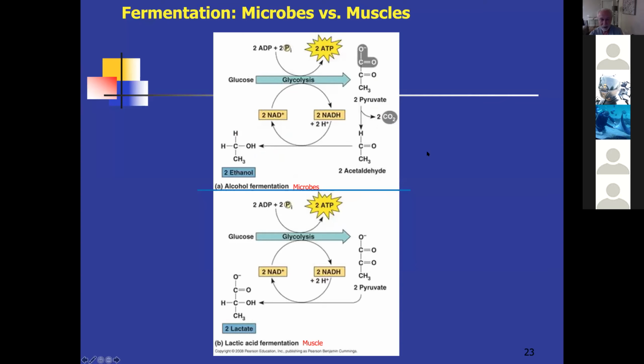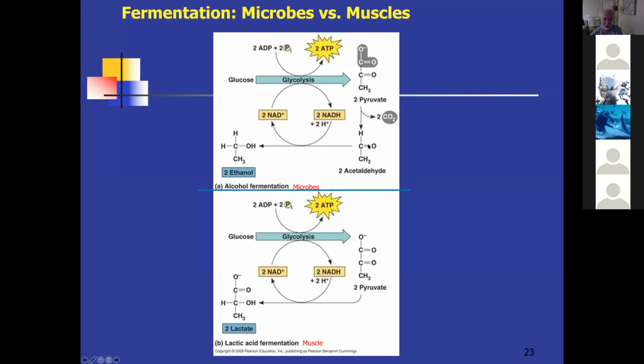This shows a side-by-side comparison of what happens in yeast and what happens in muscles. In yeast, it's a 2-step process from glycolysis, from glucose to pyruvate to acetaldehyde to ethanol with the release of carbon dioxide.